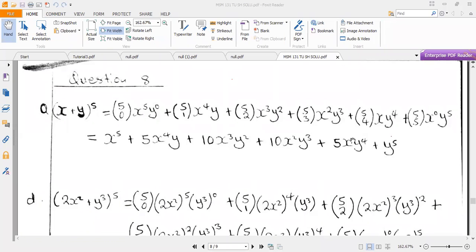Plus 5 choose 4 is 5, x to the 1, y to the 4. Plus 5 choose 5 is 1, and x to the power 0 is 1, so you remain with y to the 5. So there, our answer is x to the 5 plus 5x to the 4 y plus 10x to the 3 y squared plus 10x squared y cubed plus 5x y to the 4 plus y to the 5.